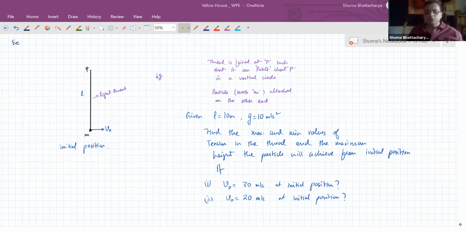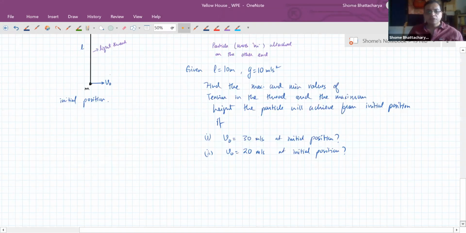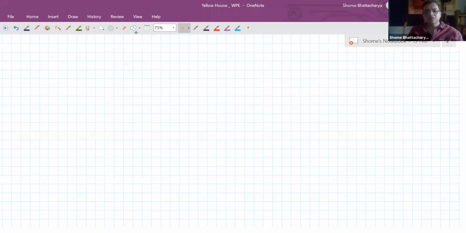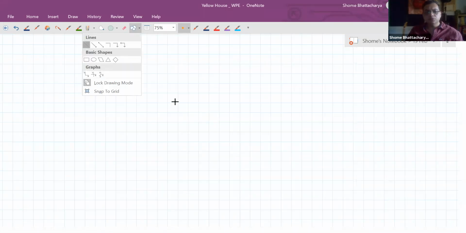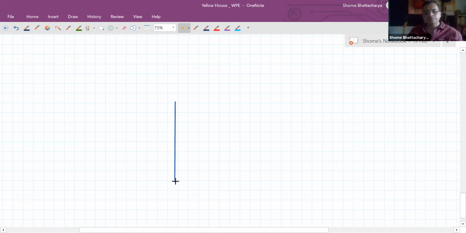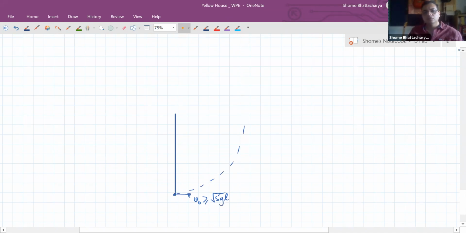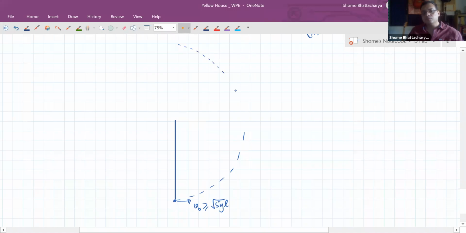So I'll just remind you of the important concept set here. Whenever there's a thread involved, remember your critical velocity for completing vertical circular motion is root 5 GL. That's an important value to remember. So if your V naught at the bottom is greater than or equal to root 5 GL, then it will complete the vertical circular motion, because it reaches the highest point with a speed V greater than or equal to root GL.